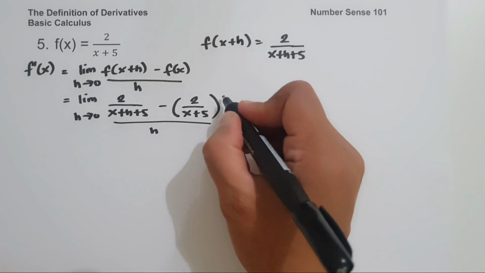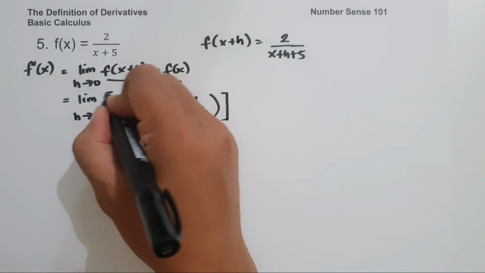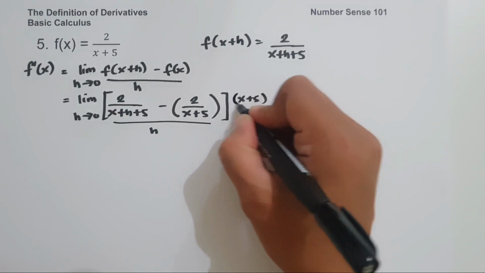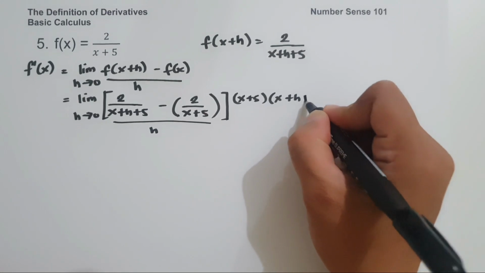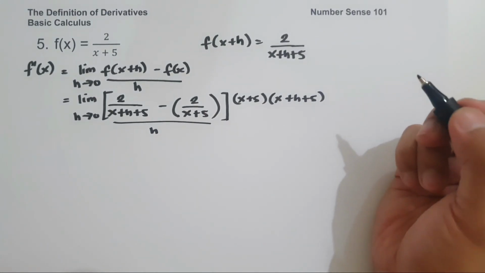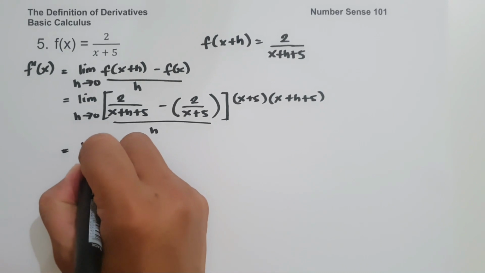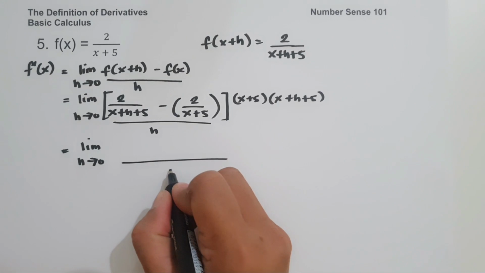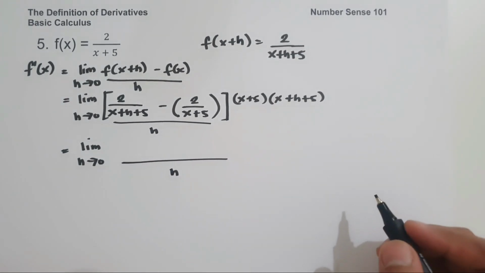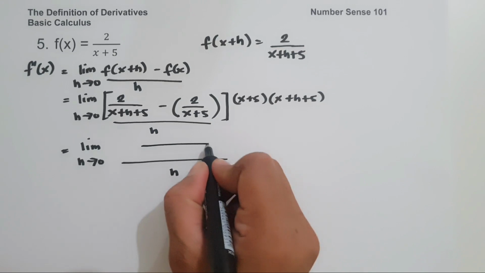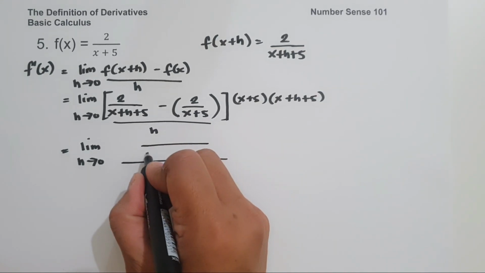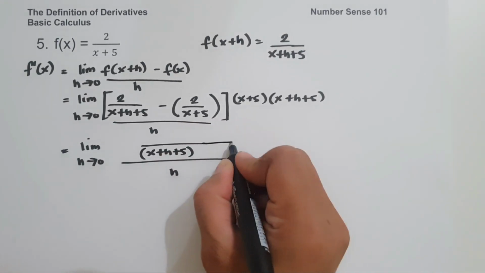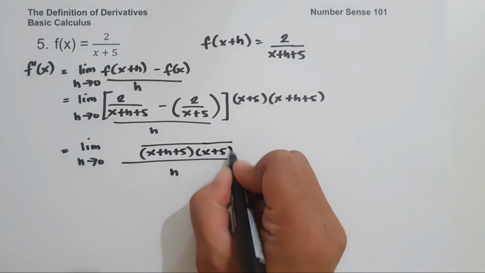Since we have different denominators, let us multiply the whole numerator by its denominator, that is x plus 5 times x plus h plus 5. Okay, so let us have the limit as h approaches 0. Let us write first h on the denominator, and then to simplify this one, let us have the product of their denominators, that is x plus h plus 5, and then x plus 5.